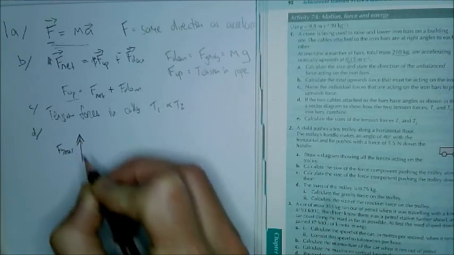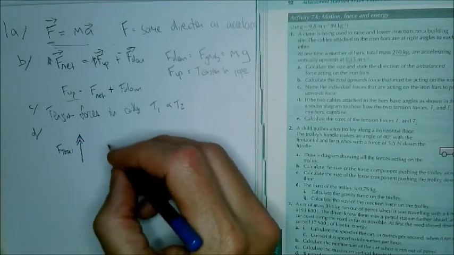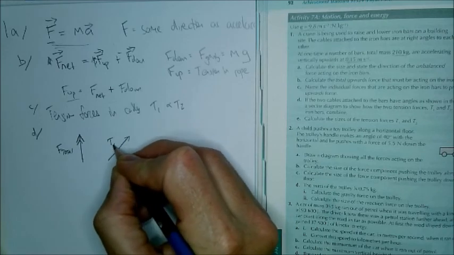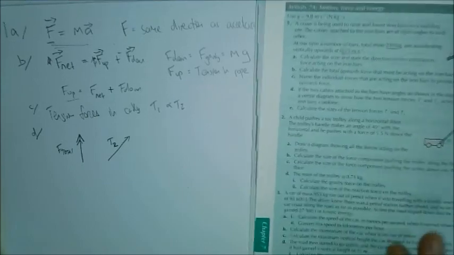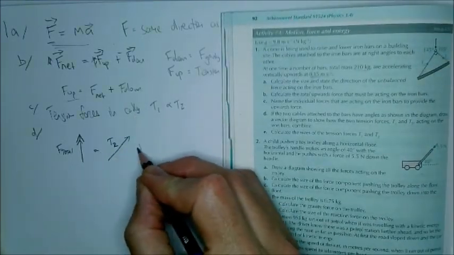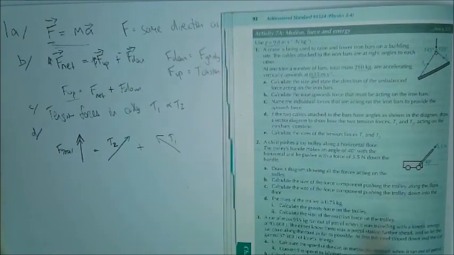And we'll put a second arrowhead on it to show that this is going to be the resultant, and it's made up of tension 2, that's this one here, and tension 1, that's there.